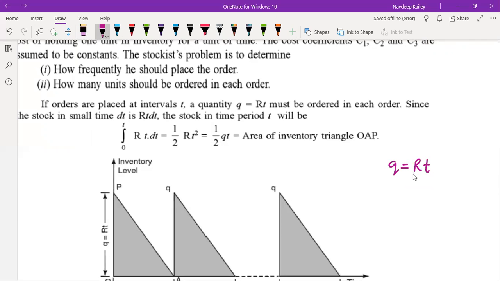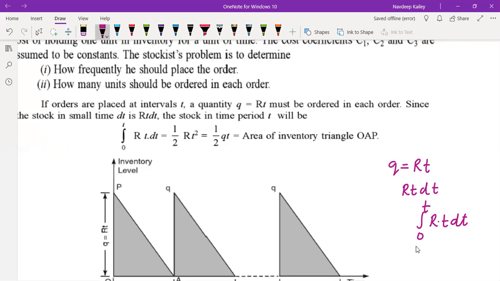Since the stock in a small time dt is given by R t dt, the stock over the time period T will be calculated by the integral from 0 to T of R t dt.